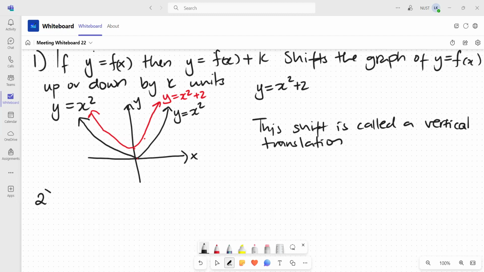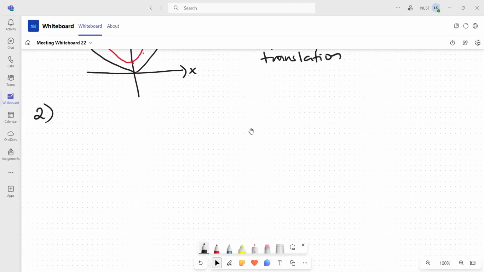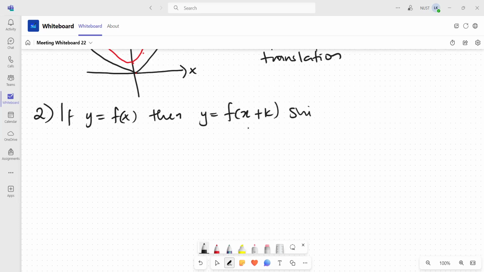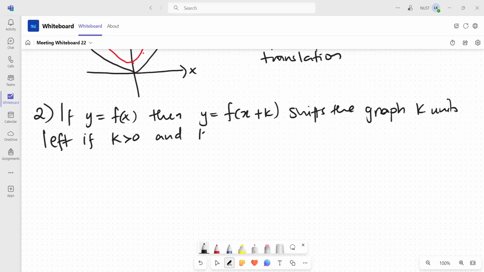Okay, then the second way that we can transform our basic graph, we say that if y is equal to f of x, then y is equal to f of x plus k shifts the graph k units left if k is positive and k units right if k is negative.